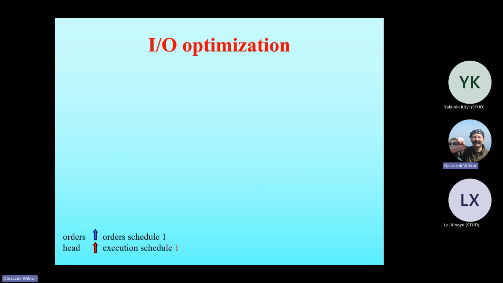The orders are specified by blue arrows, and the schedule is shown in black numbers. Head position is shown by red arrow, and execution schedule is shown in red.